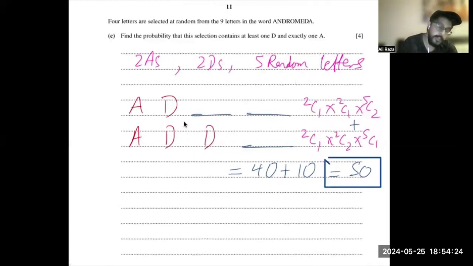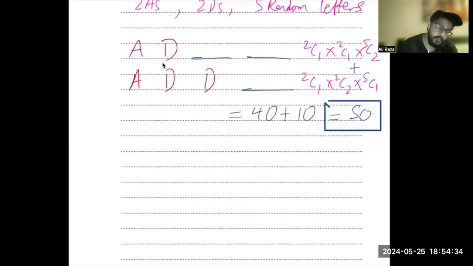So we'll divide 50 by the random selection of 4 letters, which would be 9C4 in this case.